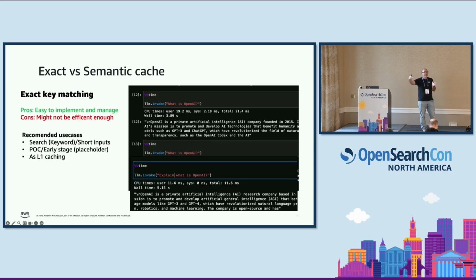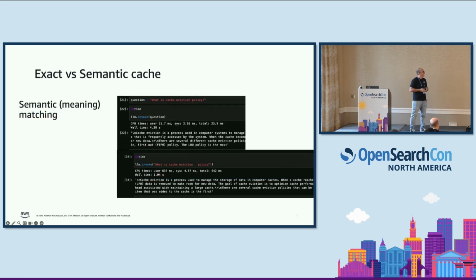And then later down the line, once you see more patterns of usage, then you can implement a more advanced type of caching. And the third type is, again, if you have multi-layered caching, then you can use the first layer as an exact caching, which is very simple. And only in case we have a cache miss there, then you can go and implement a semantic caching as a second layer.